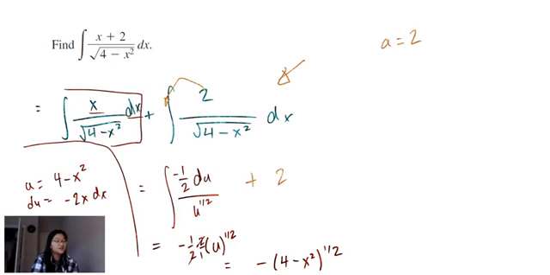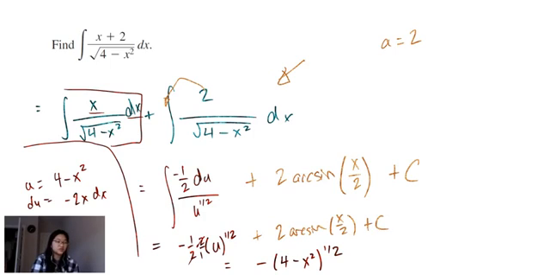We have 2 times arcsine of x over 2 plus c. So this is what? 2 arcsine x over 2 plus c. And just copy down one more time. 2 arcsine x over 2 plus c.